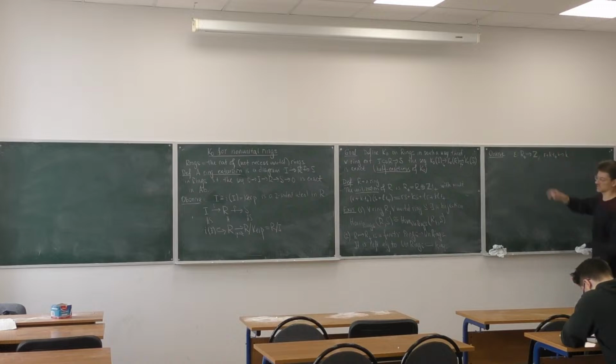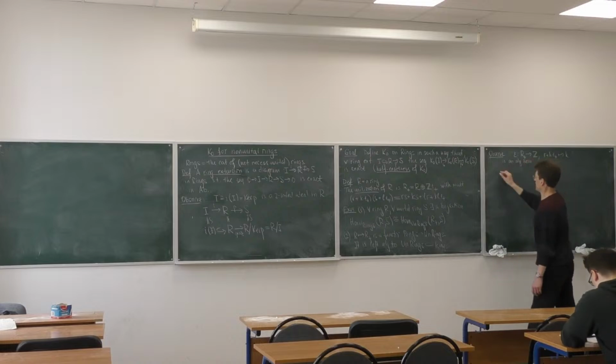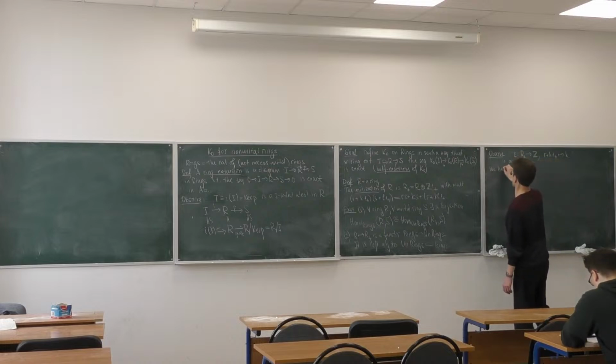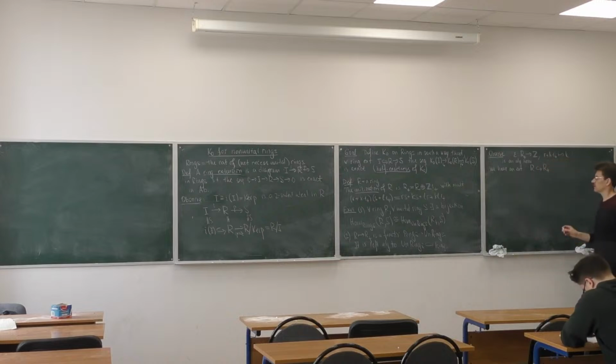So it projects onto Z. So this is, of course, an algebra homomorphism. And we have an extension of the following form. R is embedded into R plus as a two-sided ideal, and R plus is projected onto the integers. And clearly this is a ring extension.